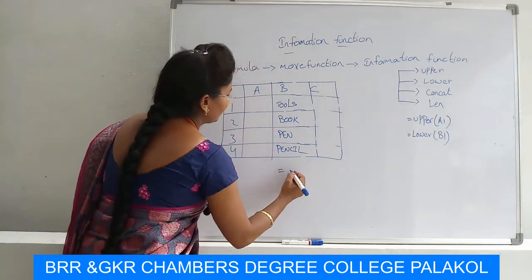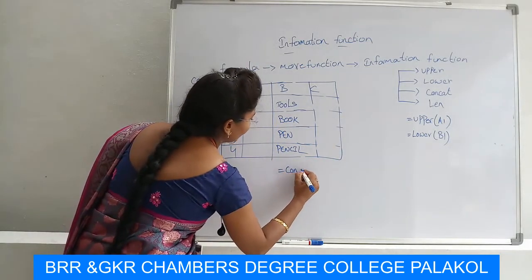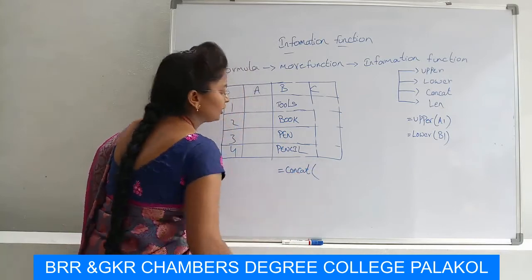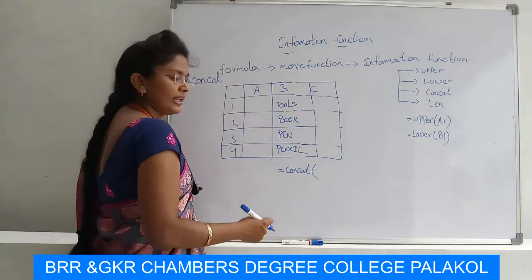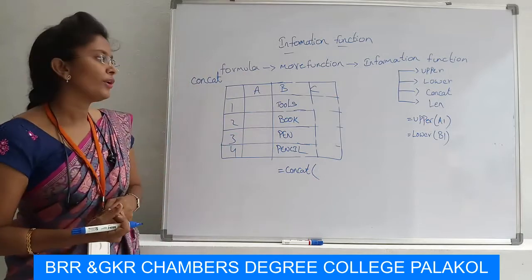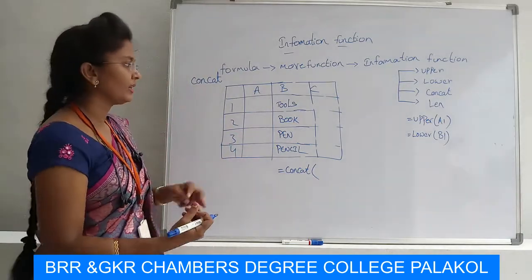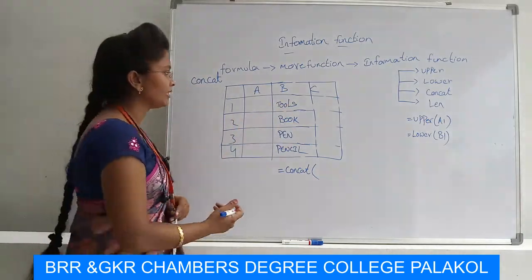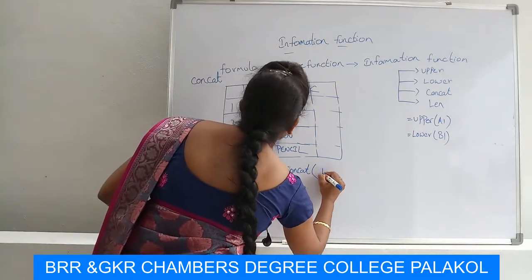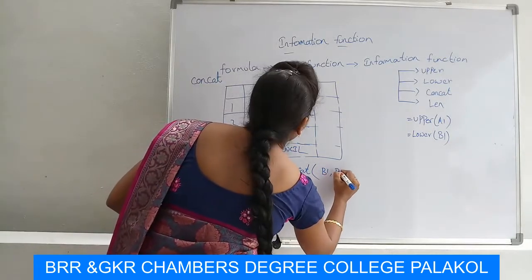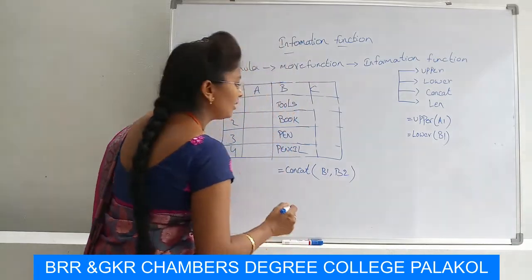Here I am entering the formula. The shortcut is concat. This is the function name. Here I am taking text1, text2. Or you can enter the text directly or you can enter the cell references here. In two ways: I am entering B1, B2 and closing the bracket.